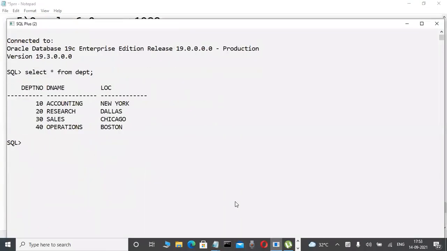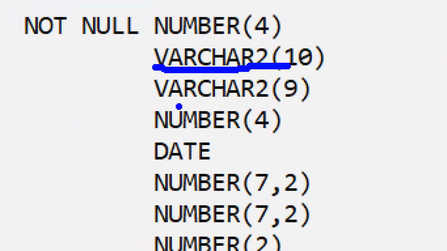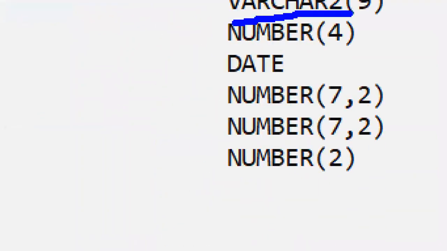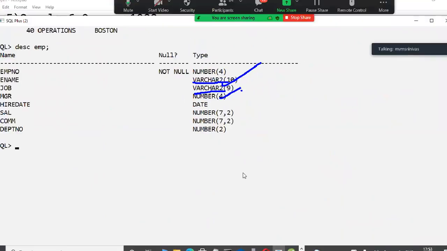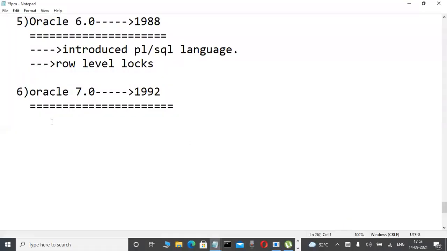Now the varchar2 data type is available. In our course we are learning it here. Observe here. Varchar2 is there or not? It is for storing character data, and also for storing alphanumeric data. That's why the varchar2 data type is available. Any newcomers, don't be afraid of what this varchar2 is. Practically we are learning.